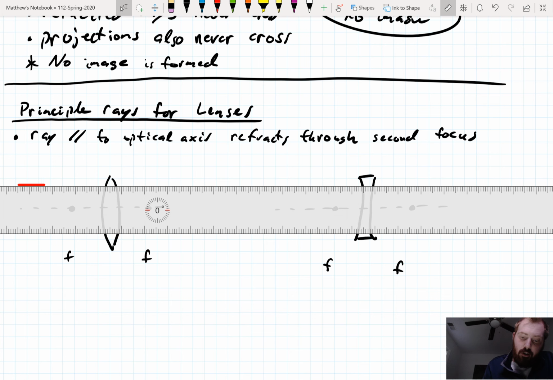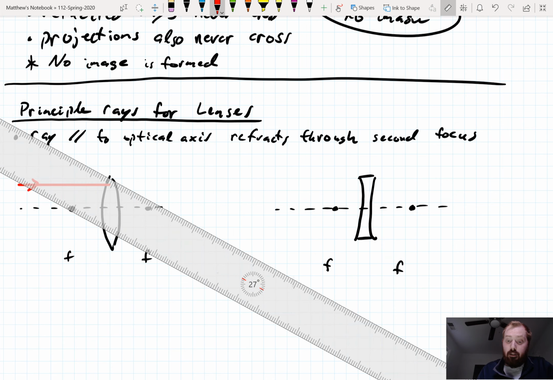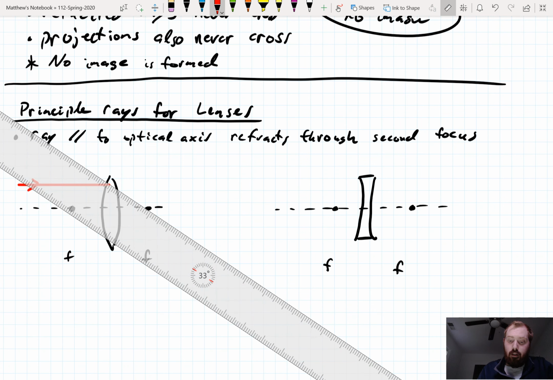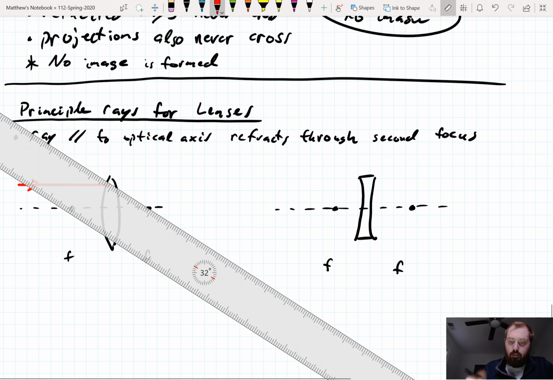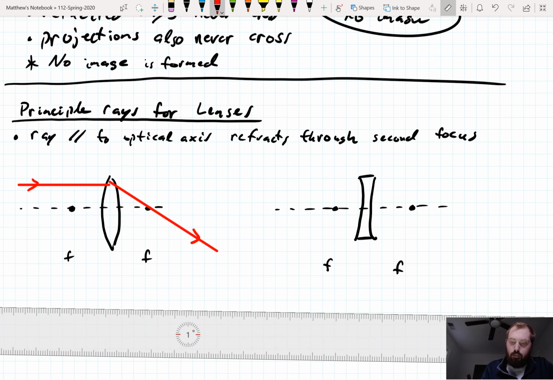If I shoot a ray in here, bam. The second focus for our converging lens is this guy. Boom. So that ray converges through the focus.